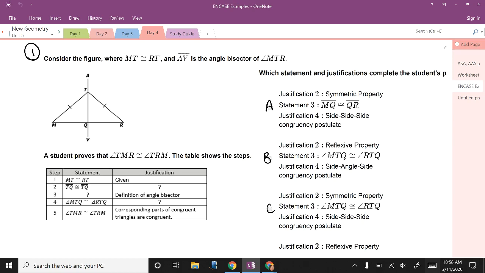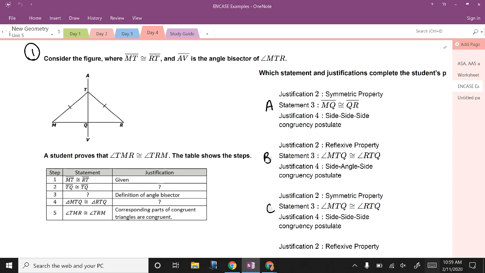What do you think? I think it's B. Why B? You can see that number two is supposed to be reflexive. Yeah, so they try to get you confused with reflexive and symmetric there, didn't they? Yes. That's right. Process of elimination.